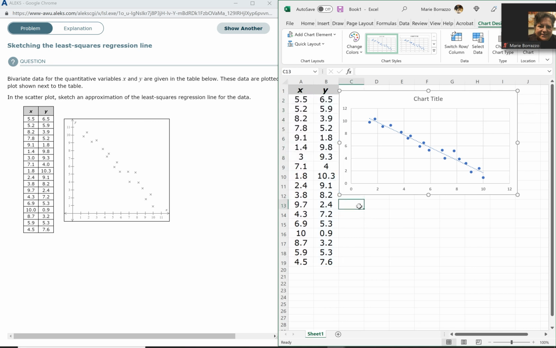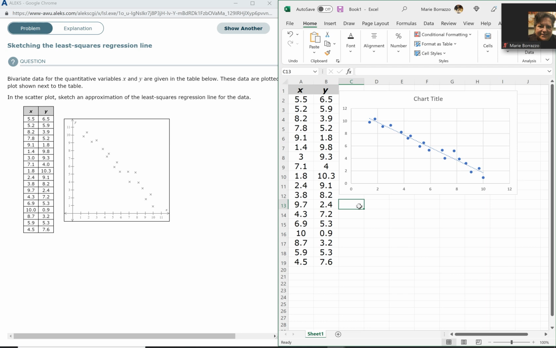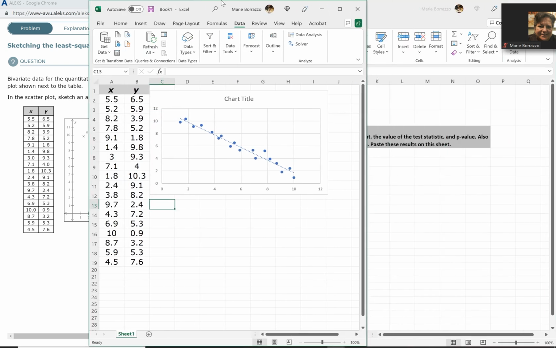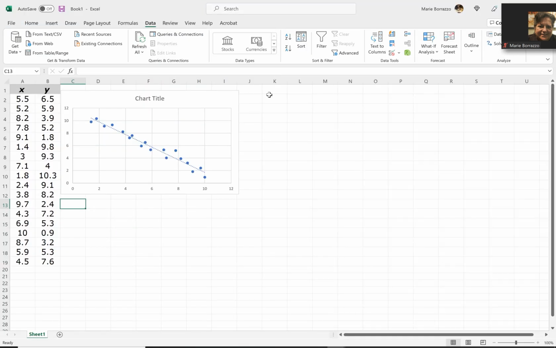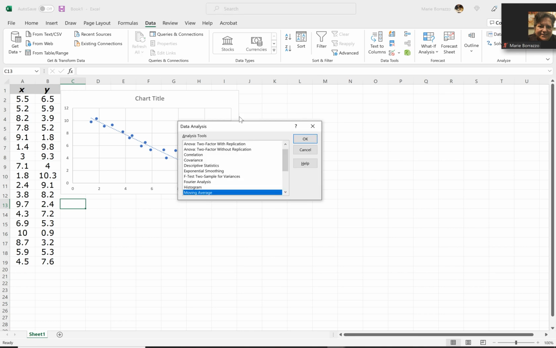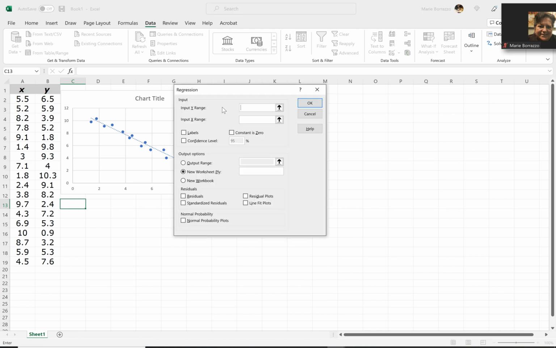Now, if you want to know how to actually obtain your least squares regression line, you go to Data. I'm going to show you how to do this with Excel and the Data Analysis ToolPak. I'm going to click on Data Analysis, and go down to Regression. In the Y range, I'm going to input all the Y values.